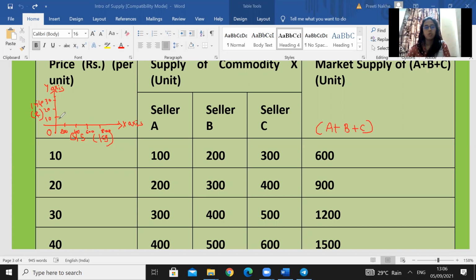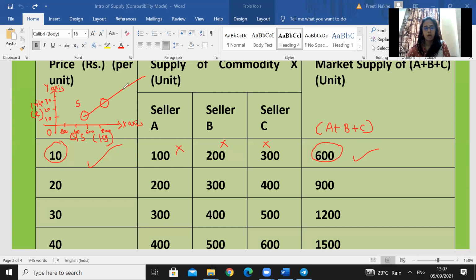At 10 rupees, I will show directly 600. Then at 20 rupees, I will show 900. Likewise, it will come like this.